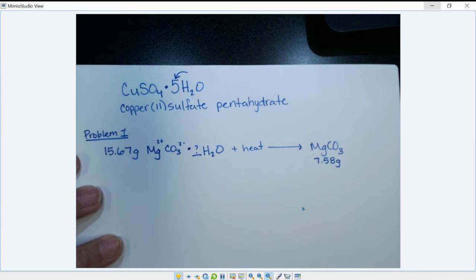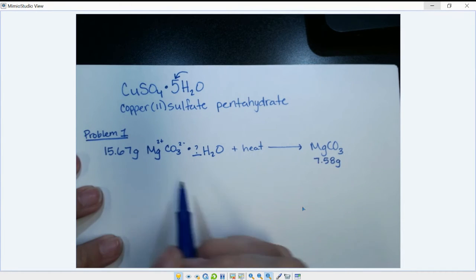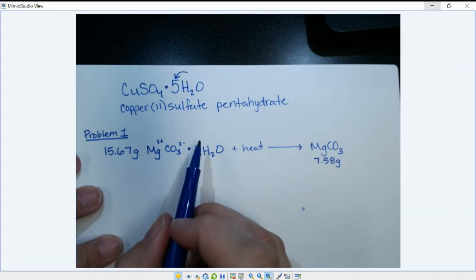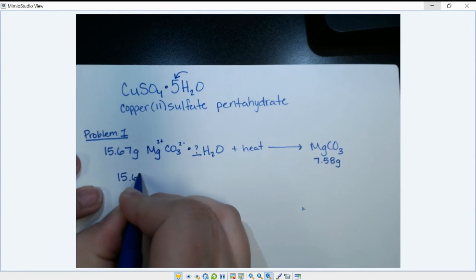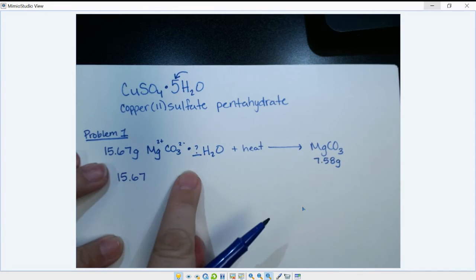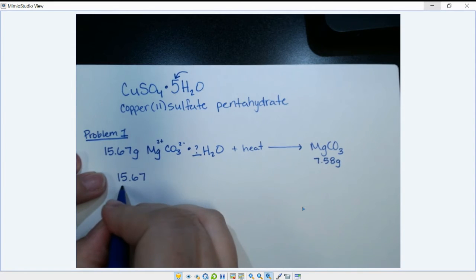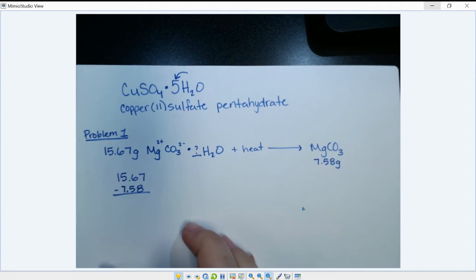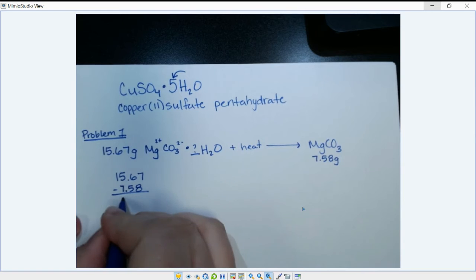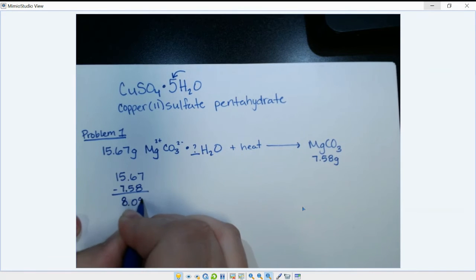Well, the first thing we can do is figure out how much mass was lost because we drove off the water. And that's really easy, that's just subtraction. 15.67 is how much it was when it had the water in it. 7.58 is the mass after the water was gone. By subtracting those two, you find that the difference is 8.09 grams.